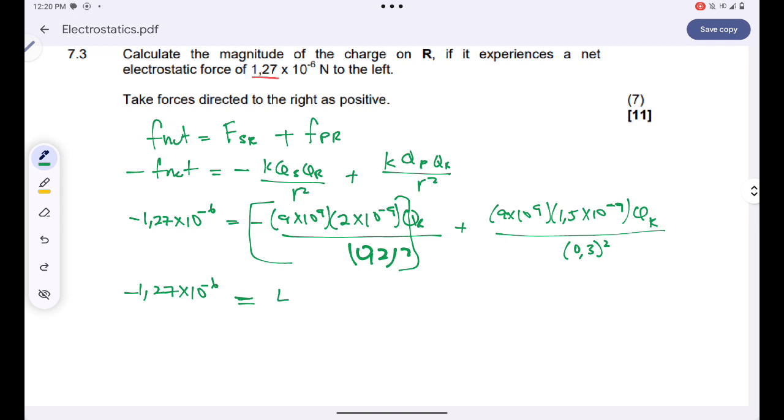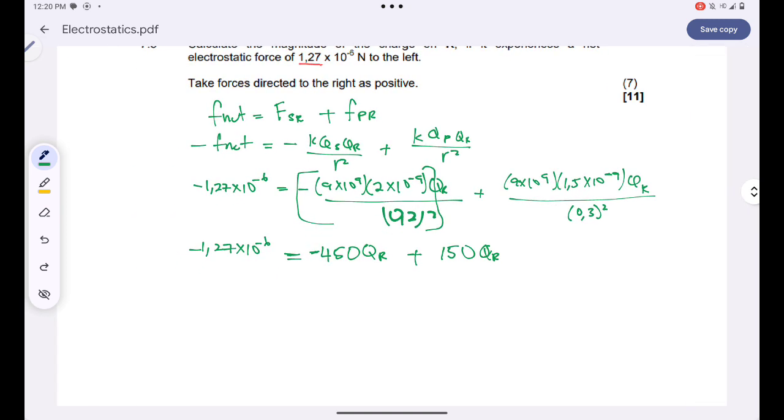So this will give me negative 450 multiplied by QR, plus 9 times 10 to the power 9 multiplied by 1.5 times 10 to the power negative 9 divided by 0.3 squared. That's 150 multiplied by QR. So this is negative 1.27 times 10 to the negative 6 equals negative 300 multiplied by QR.